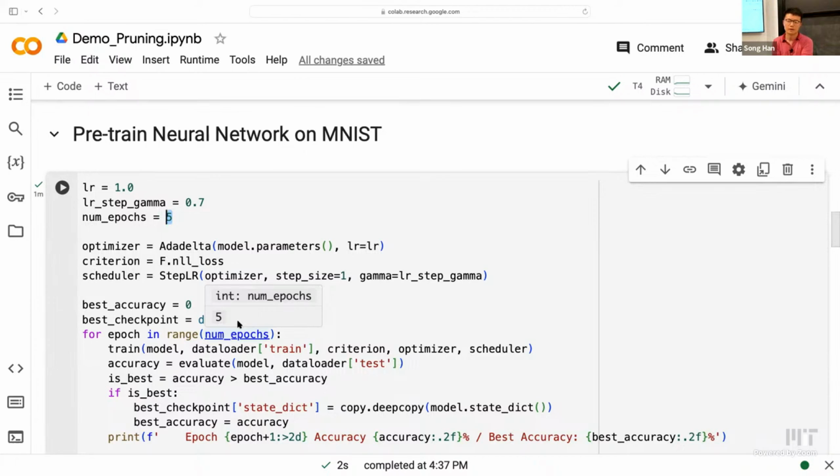Those are orthogonal techniques, SVD versus pruning. You can also prune on top of an SVD matrix. Pruning, SVD, low-rank approximation, quantization, and distillation are different orthogonal techniques to apply here.